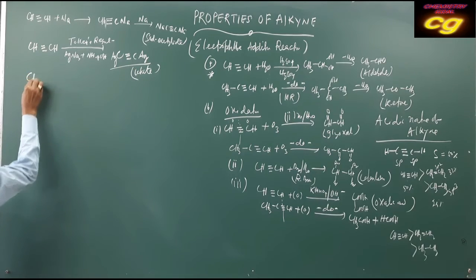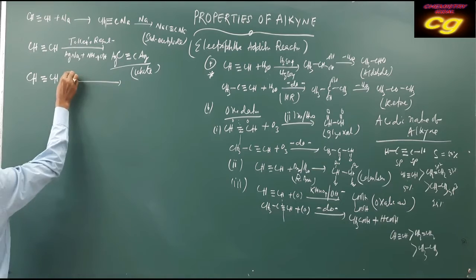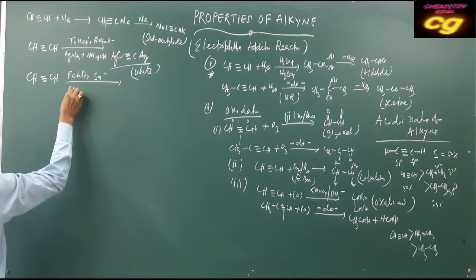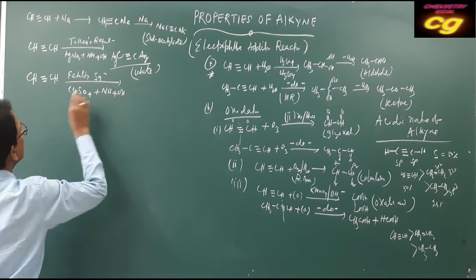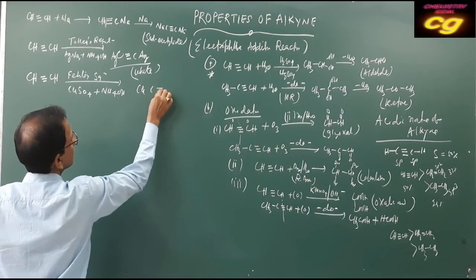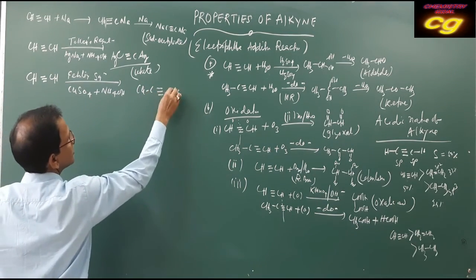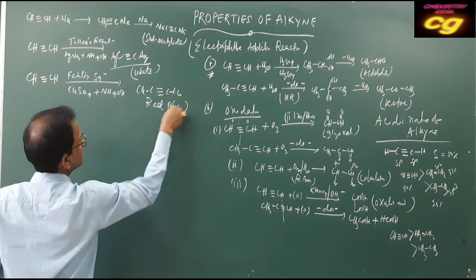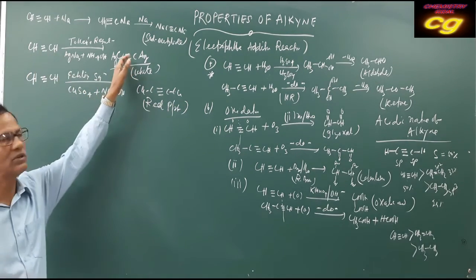Similarly, the same CH in the presence of Fehling's solution, copper sulfate and ammonium hydroxide, also produces a copper salt. The formation of copper acetylide is a red precipitate. A red precipitate is formed with Fehling's solution, and with Tollens reagent it produces the silver salt.